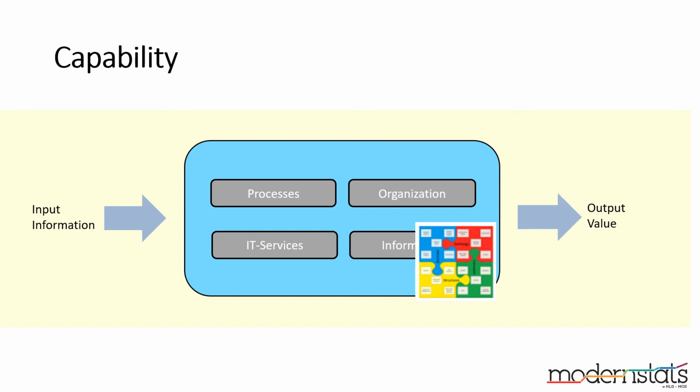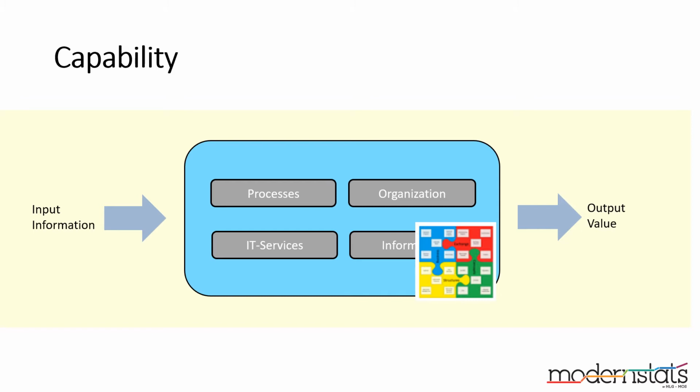A capability is responsible as the master source of information. We don't want information duplicated into more than one capability. So it's important that there is a clear responsibility for ownership of information.